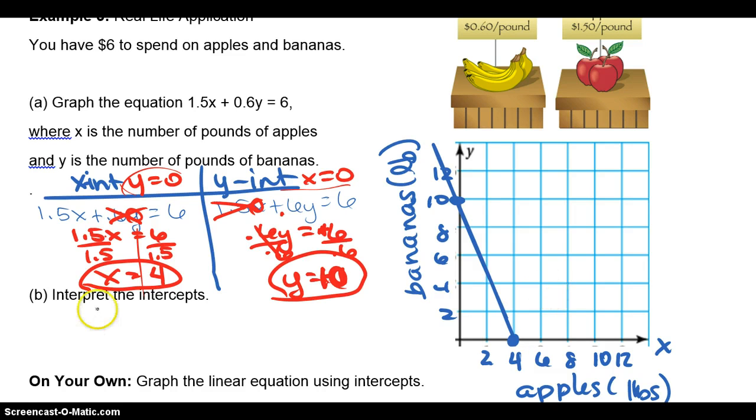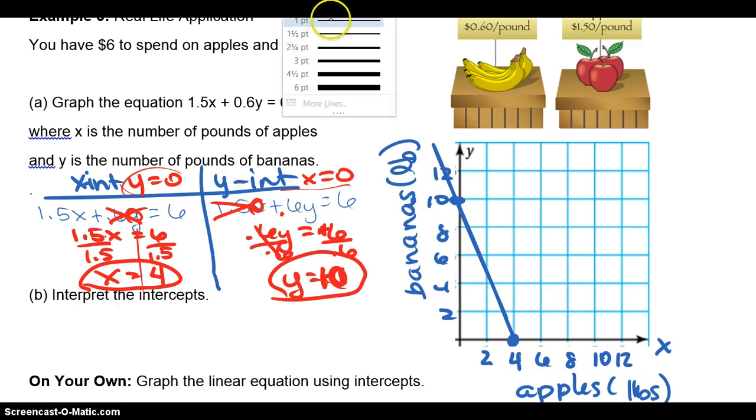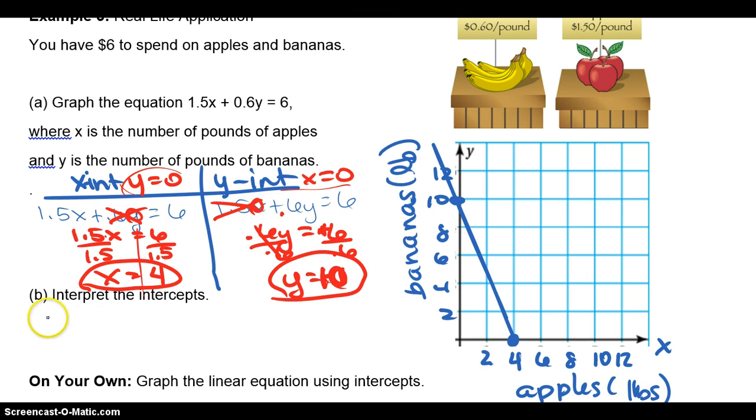And then to interpret the intercepts, the x-intercept means that when you have 0 bananas, then you would have 4 pounds of apples. There's not a lot of room for me to write.